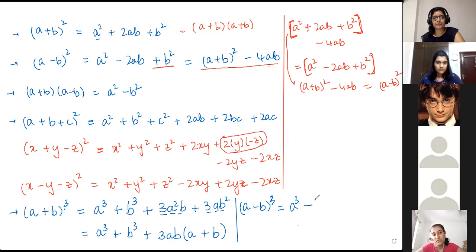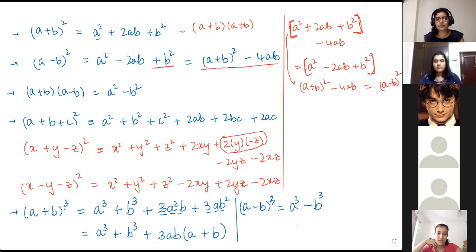I guess it's just replacing the plus with minus. Correct. जहाँ भी B आ रहा है, replace it with minus B. Minus B का square करो तो वो positive हो जाएगा because minus into minus is plus. तो minus B को cube करो तो will you get a positive B cube or negative B cube? Negative. हाँ, negative B cube.